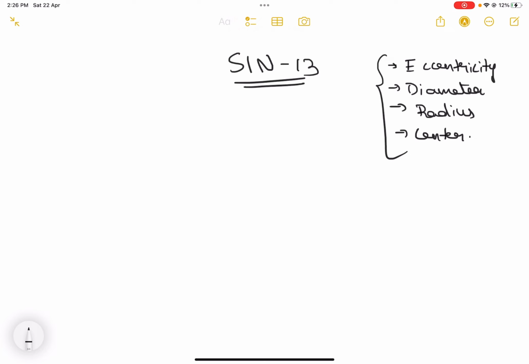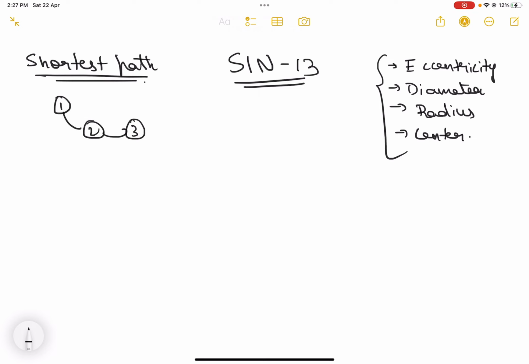And let's get started. Before we start, let us discuss what a shortest path means. Shortest path is, as the name suggests, the shortest possible path between two given nodes. For example, let us say we have a graph like this.